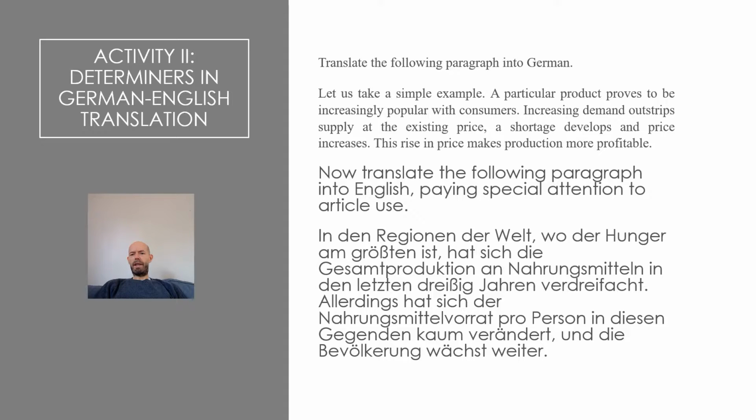So that's another typical feature of especially academic English, adding particular in the singular if you want to single out just one item. In German, the indefinite article is usually sufficient here. So ein Produkt erfreut sich bei den Konsumenten wachsender Beliebtheit.